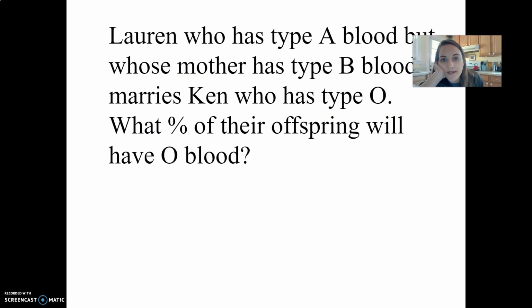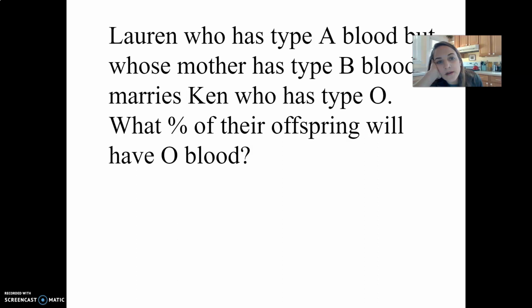Lauren has type A blood, but her mother has type B blood, and she marries Ken, who has type O blood. What percent of their offspring will have O type blood? Okay, so let me talk you through this.